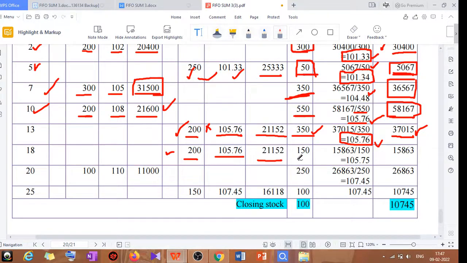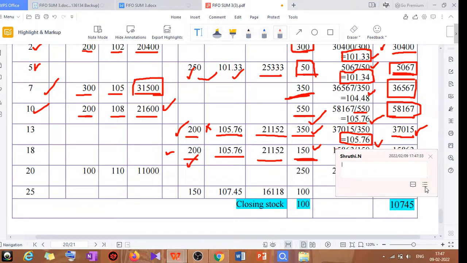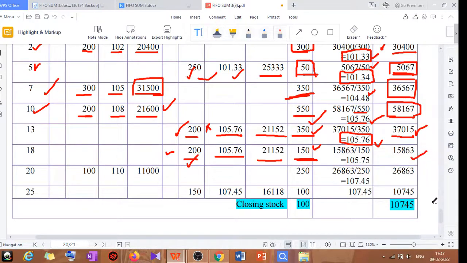Clear? Now, what about the balance? 350 was there and we have issued 200. The remaining will be 150 and the amount 37,015 was there. Out of that, what is the amount? 21,152. So, deduct it. You will get 15,863. So, we have completed till 18th.